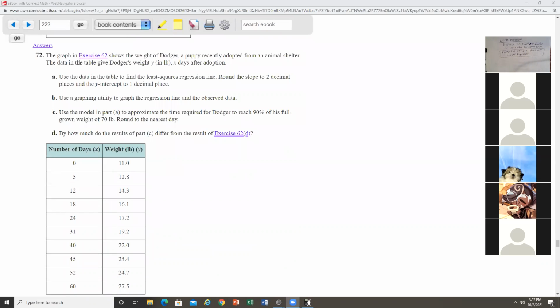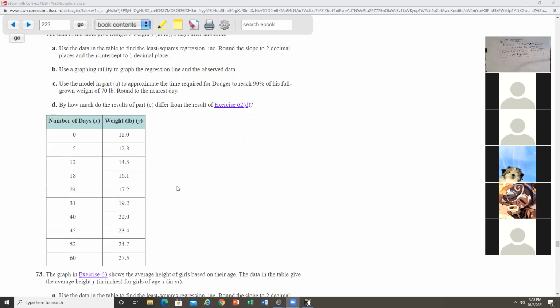Well, it says the data in the table gives the weight of a puppy, Y in pounds, versus X days after adoption. So this child went to a shelter and adopted a puppy, and the weight of the puppy after the adoption date is given according to this table here.